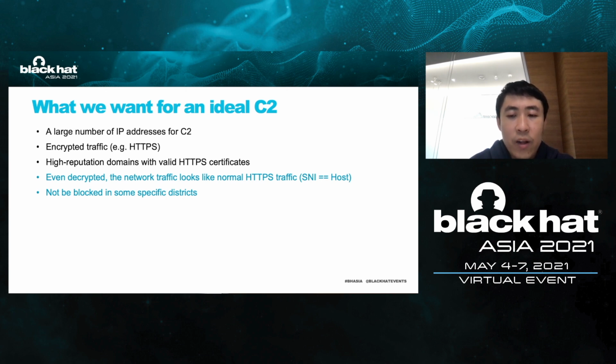These are already features of domain fronting or domain hiding, but we want more. The network traffic looks like normal HTTPS traffic, especially the SNI is equal to the host, even when decrypted. And the traffic should not be blocked in some districts. So here comes domain borrowing.